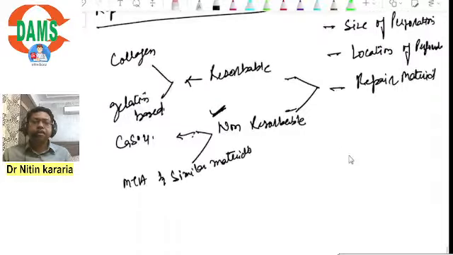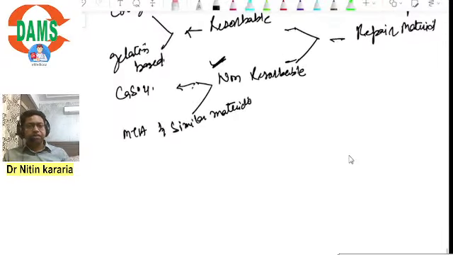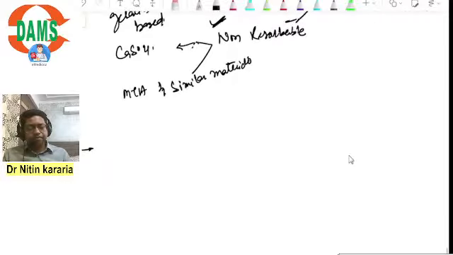Non-resorbable are more favored. These are some of the important aspects related to endo mishaps related to the instrumentation of the root canals. Then there can be irrigation related mishaps.